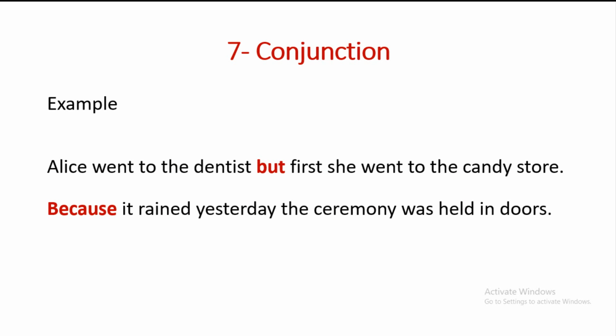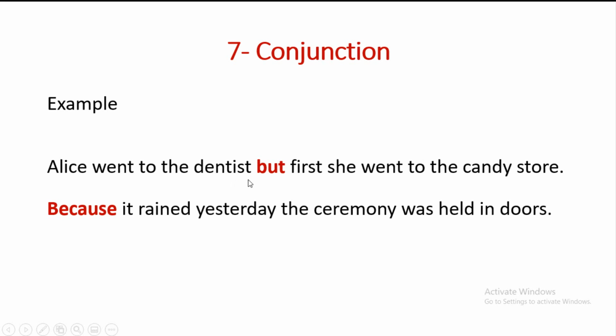Conjunction. Conjunctions are words that link sentences or ideas. All right? So here, but links two ideas and gives you a smooth transition between the first idea and the second idea in this sentence.